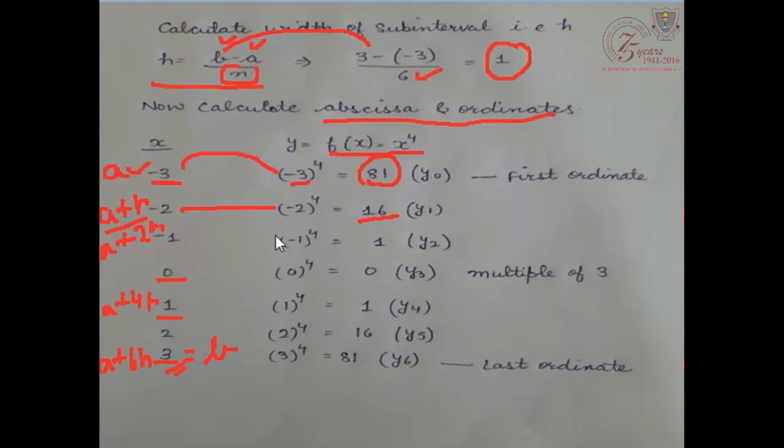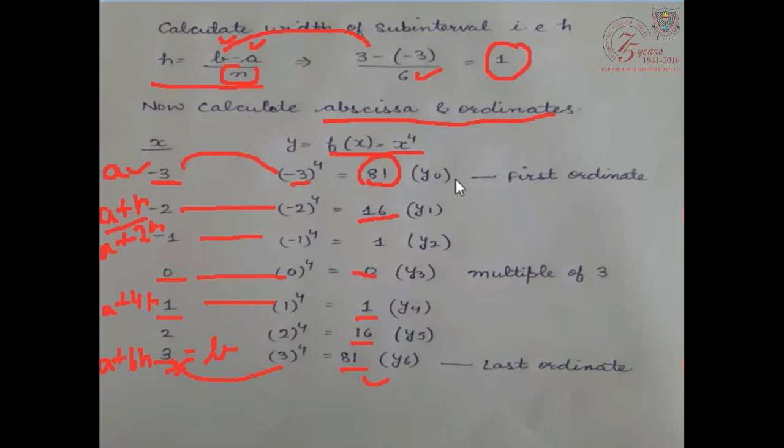Continuing in this process, we get the ordinate values as 0, 1, 16 and 81. When we put the value of b in the function, we get the last ordinate value, that is 81.